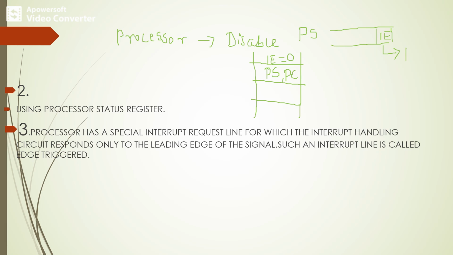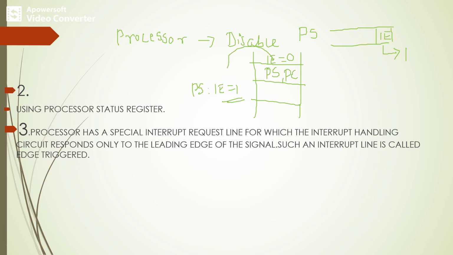When a return from interrupt instruction is executed, the contents of the PS register are restored from the stack, and the IE bit in the PS will be set to 1 in order to enable interrupts in future.